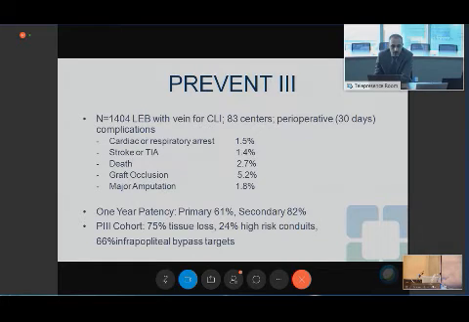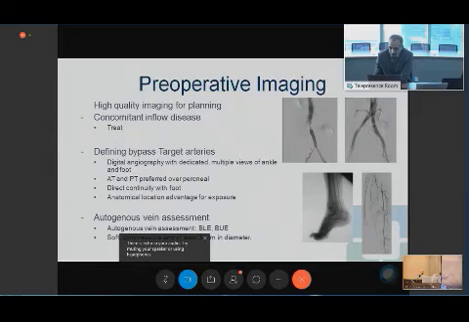The patency was very promising: 61% primary patency at 1 year and secondary patency of 82% at 3 years. These were sick patients. 75% of them had tissue loss, 25% had high risk conduits, and 66% had tibial targets. So they were not cherry picked.